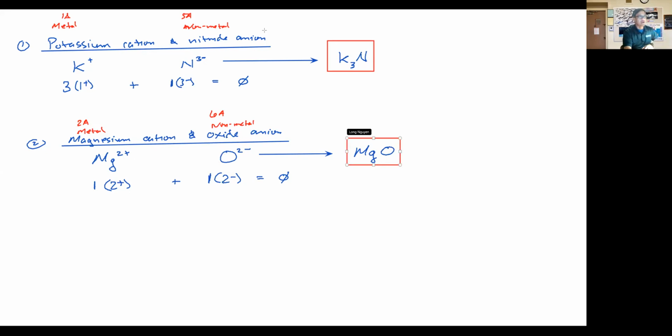I would like you to try one right now. On your paper, write out the formula for the compound that forms from the aluminum cation and the phosphide anion.